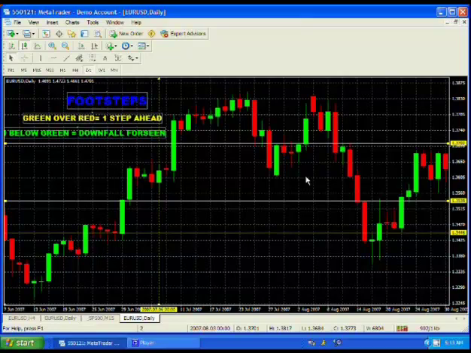Now we spoke a little bit about inside bars and outside bars, and remember once again, whenever you do your analysis, one of the first things you want to do is identify the inside bars and the outside bars.